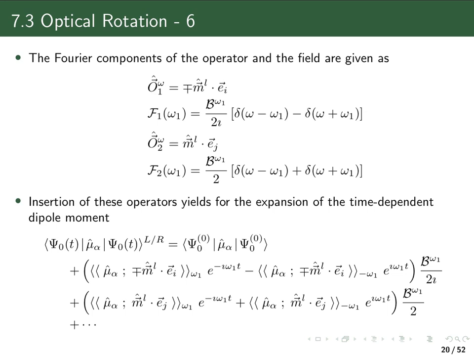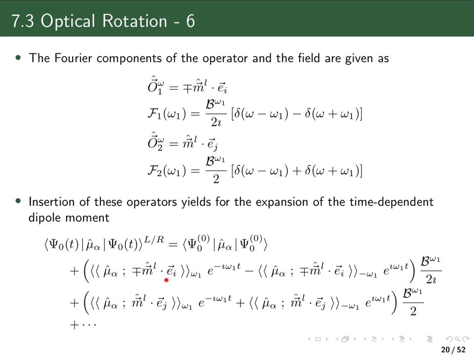And then we get some response functions. And in total, we get now here 4 response functions because we have two different perturbation operators, one in the I and the other one in J direction. And then we have two different fields with two different frequencies. So we get these 4 response functions.